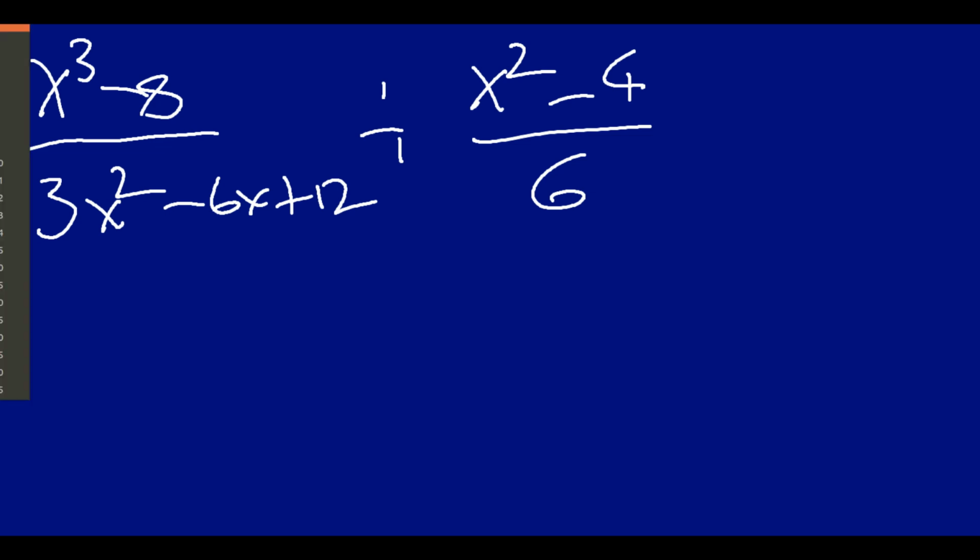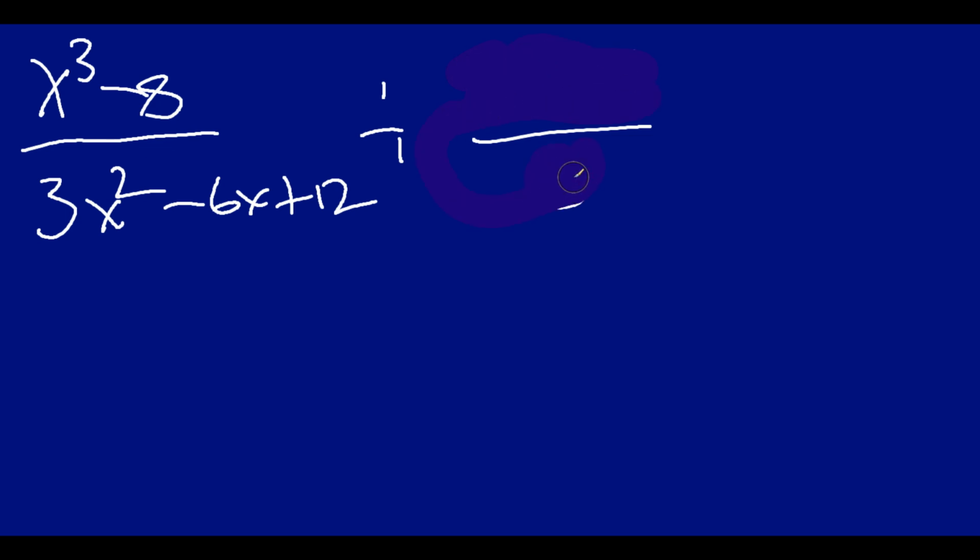Let me make this nice and big and explain what I'm going to do. If I flip this second fraction, I will have the 6 on top and the x squared minus 4 on the bottom, and I'll be multiplying now. Whenever you divide fractions, you find the reciprocal of the second value, flip it, and then multiply straight across.